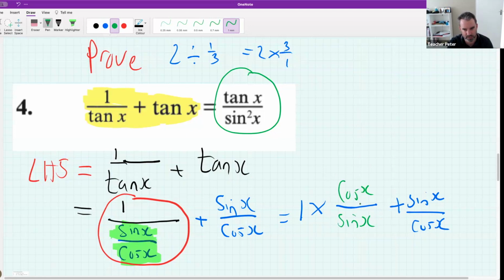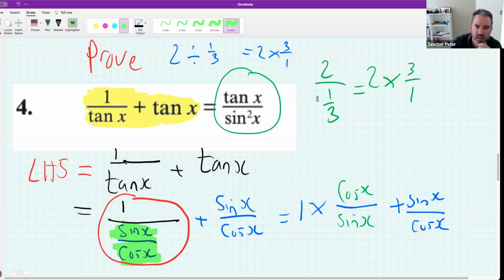So that's a little bit weird. But it's this Toppin times idea. Like if you think about this, if you go 2 divided by a third, it's the same as saying 2 times 3 over 1. Give me a thumbs down if you don't understand this idea, the Toppin times thing. Give me a thumbs up if you understand the Toppin times idea.